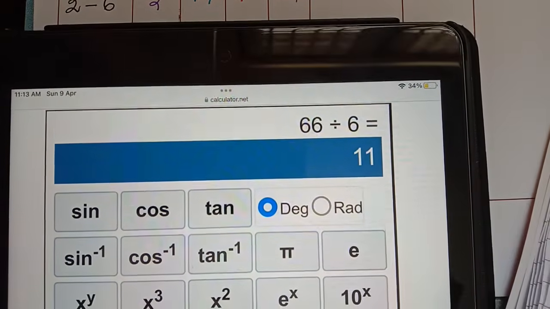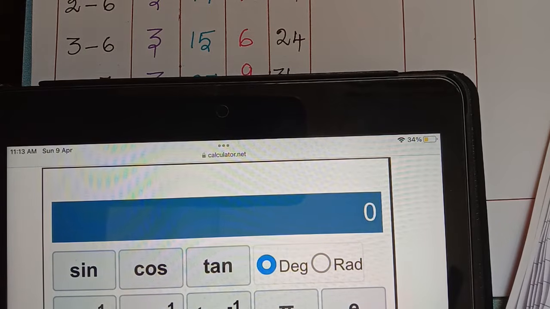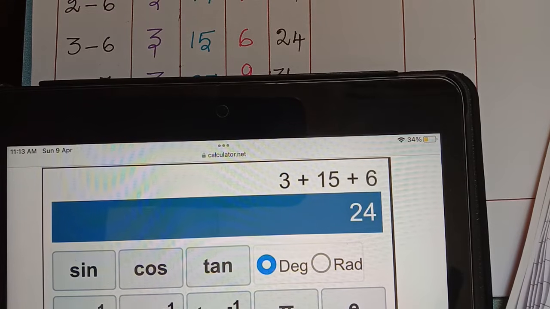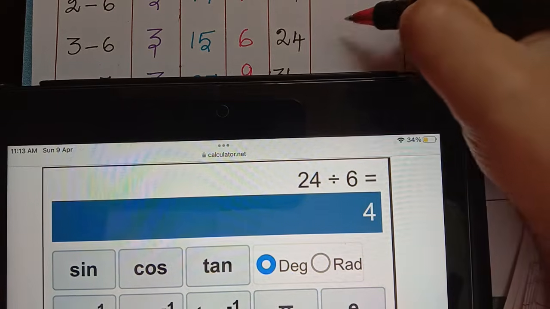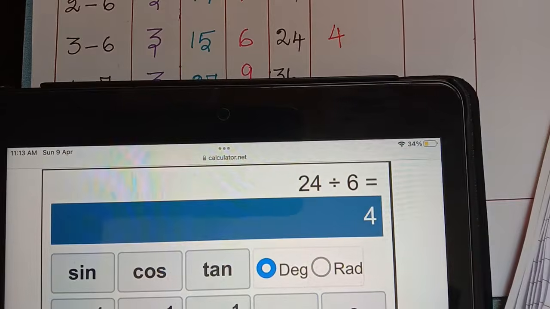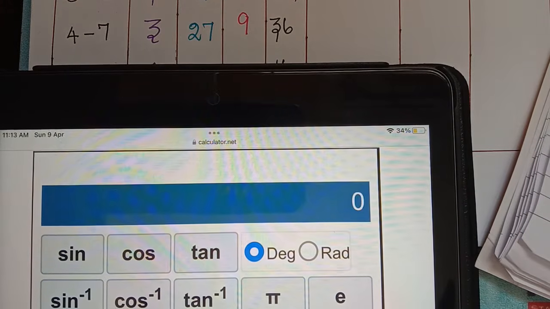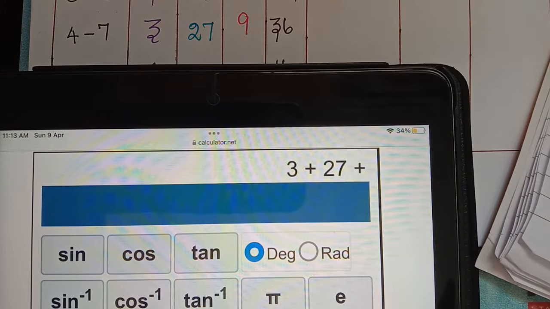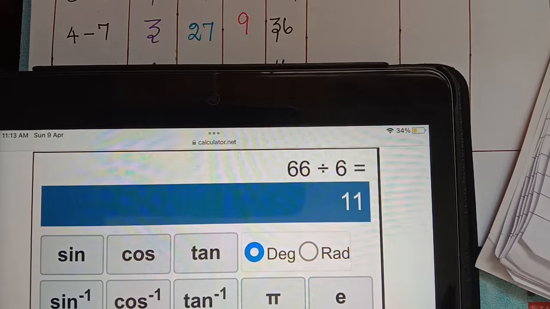The next activity is 3 to 6, for which it is 3 plus 15 plus 6, which equals 24, and divided by 6 gives us 4. The next activity is 4 to 7, for which we have 3 plus 27 plus 36 equals 66, and again divided by 6 gives us 11.